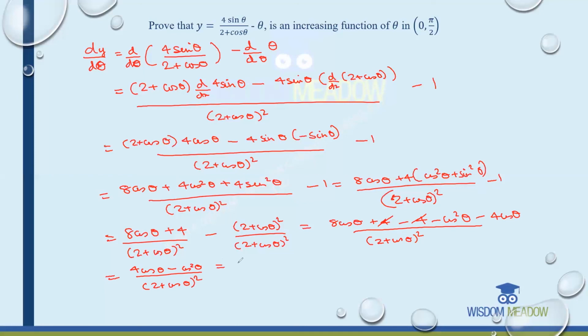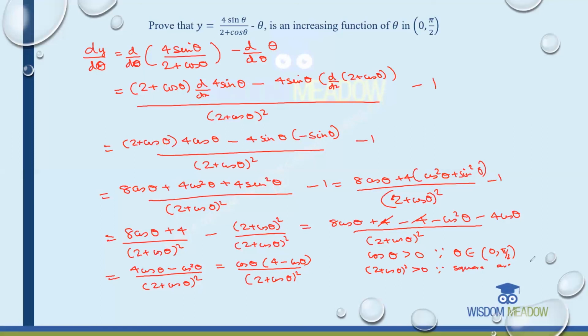But otherwise, what you can do is take cos theta common. And from here, I can conclude the answer and say it's positive. That is cos theta, this term is positive since theta belongs to 0 to pi by 2. It's in the first quadrant, so cos theta has to be positive. Now 2 plus cos theta, the whole square is positive, hence squares are positive because it's a perfect square.